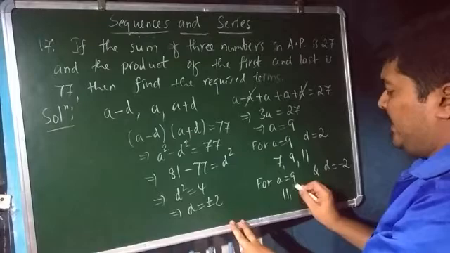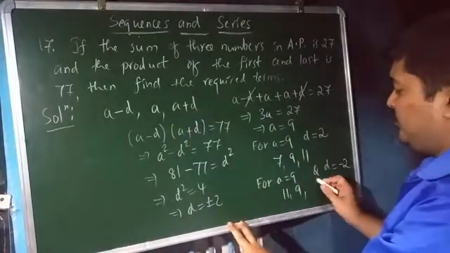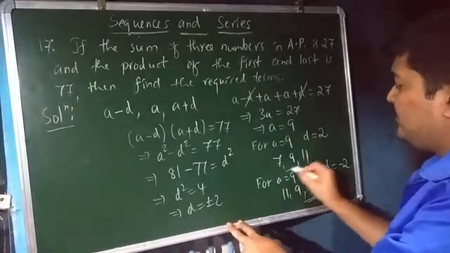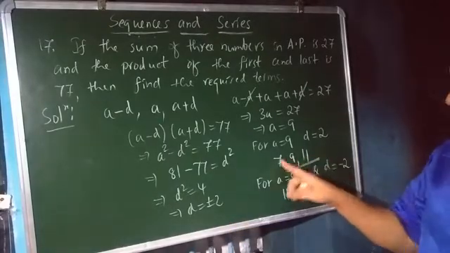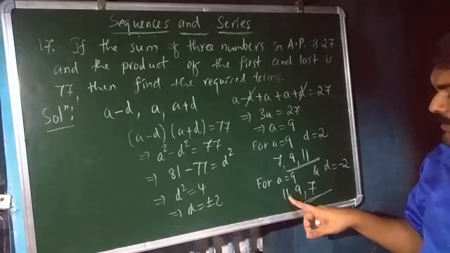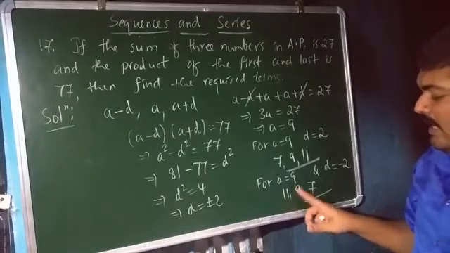Next one 9 as it is. Next one 9 minus 2, that is equal to 7. In any case, you will get the required terms of the AP as 7, 9, 11 in the ascending AP, and in the descending AP you will get 11, 9, 7.